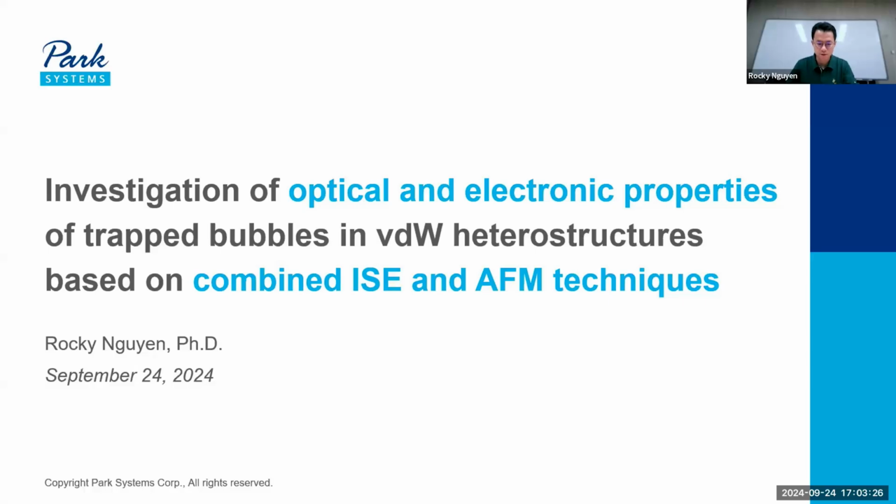So the title of my presentation today is Investigation of Optical and Electronic Properties of Trapped Bubbles in van der Waals heterostructures based on the combined ISE and AFM techniques. I will be talking about how to study the optical and electronic properties of the sample based on the ellipsometer and AFM.